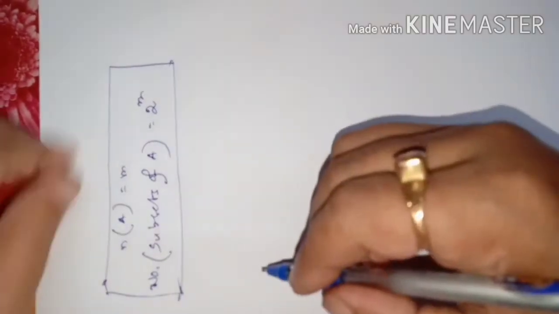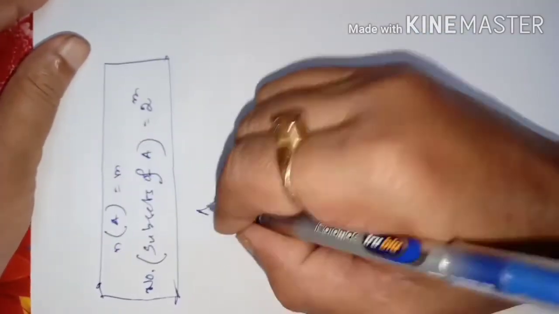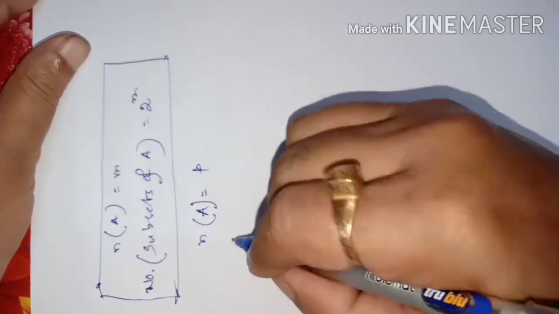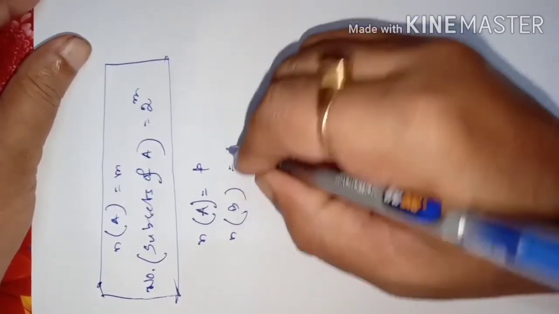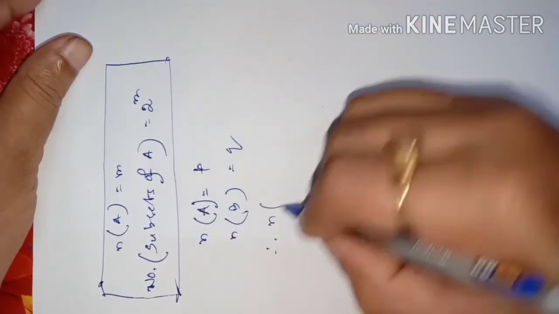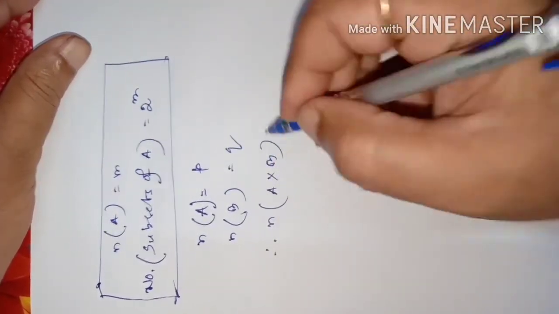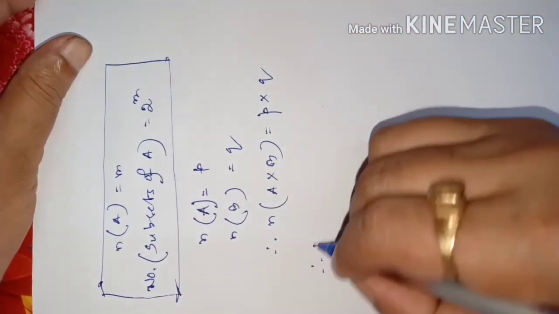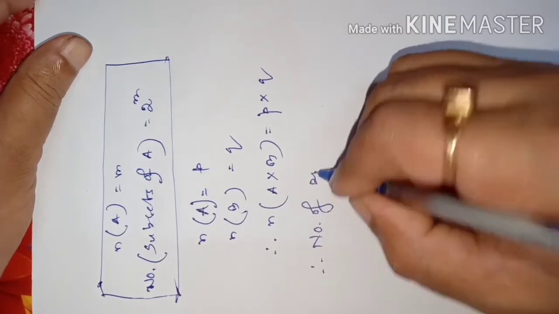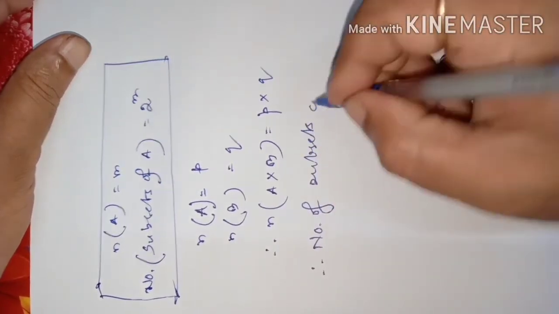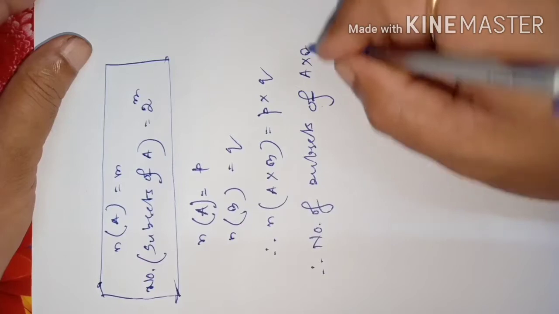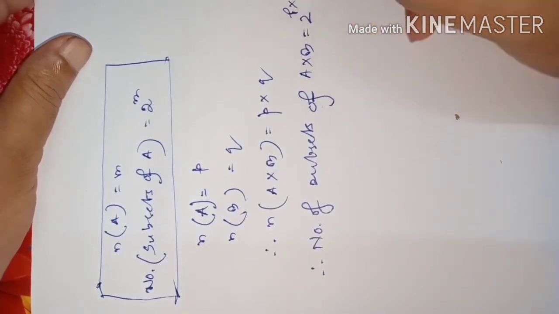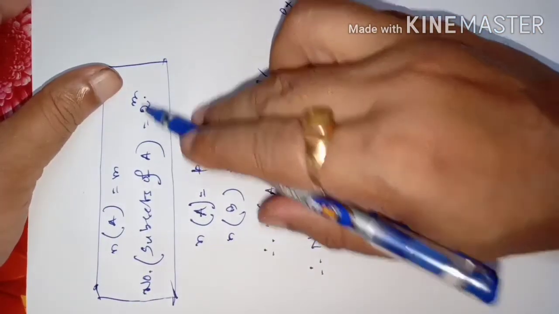Now you see, suppose in A there are P elements and in B there are Q elements, then the number of elements in A cross B will be equal to P multiplied by Q. Therefore, the number of subsets of A cross B will be equal to 2 to the power of P into Q, because in the formula 2 to the power of m, m is the number of elements.